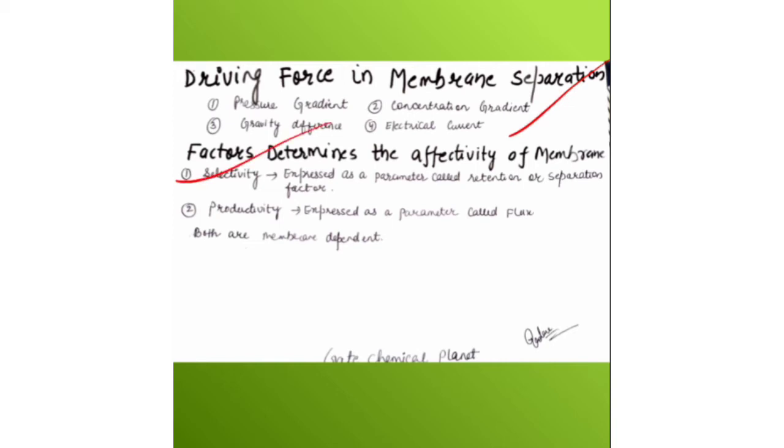First is the selectivity and second is the productivity. Selectivity is expressed as a parameter called retention or separation factor, and productivity is expressed as a parameter called flux, and both are membrane dependent. So selectivity and productivity are the two factors determining the effectiveness of the membrane.